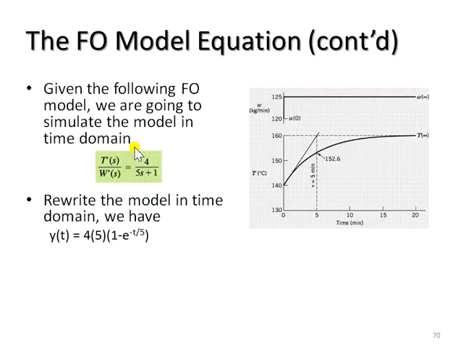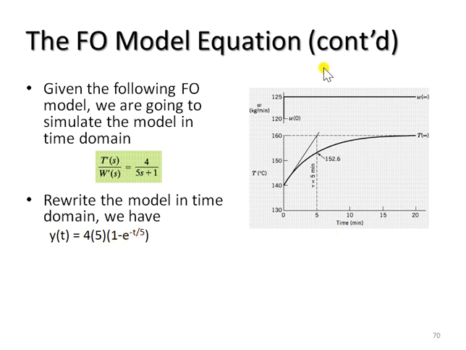Next, let us consider the following FO model, which has been discussed in the previous video, where we have the process gain 4 and the time constant 5. Rewriting this FO into time domain equation, we have y(t) equals 4 times 5 times 1 minus exponential negative t over 5.